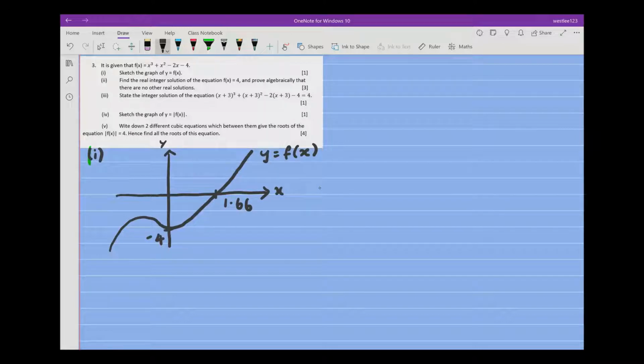Part 2, prove algebraically that there are no other solutions. So let's equate f(x) to 4. Simplify, and then we factorize before we solve.